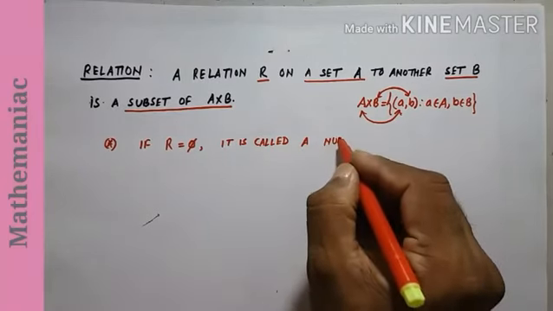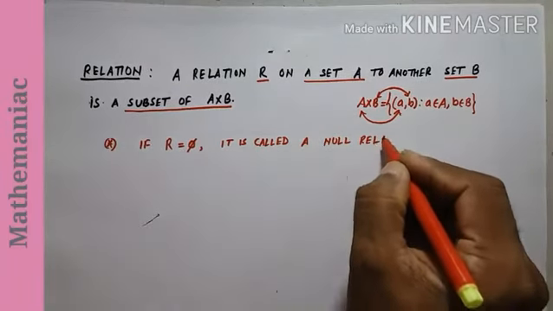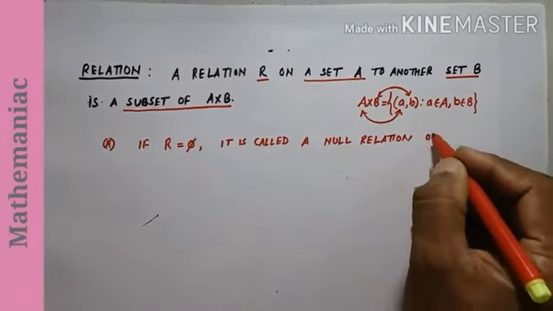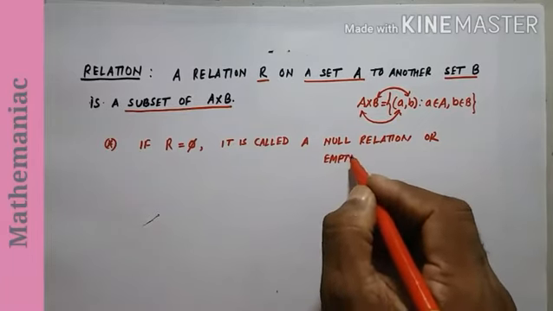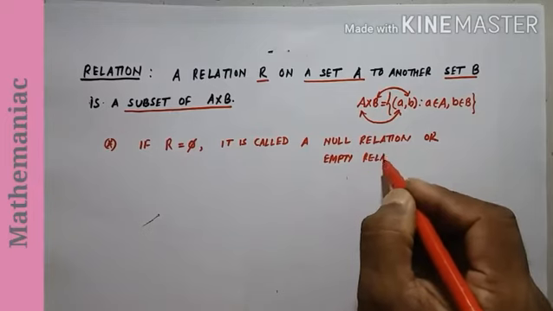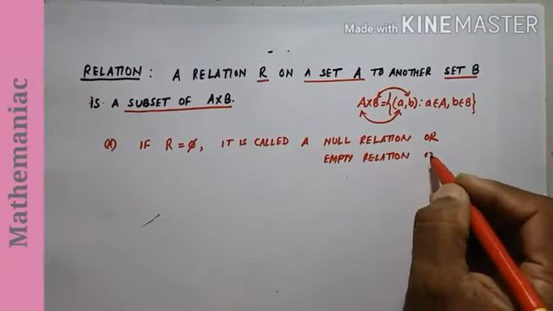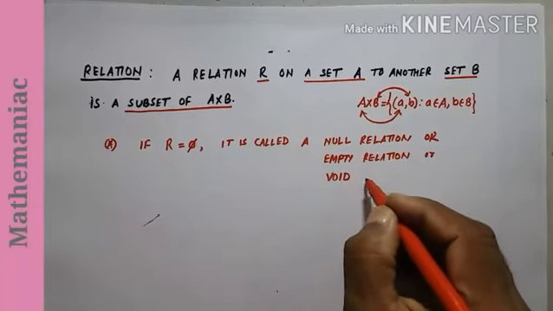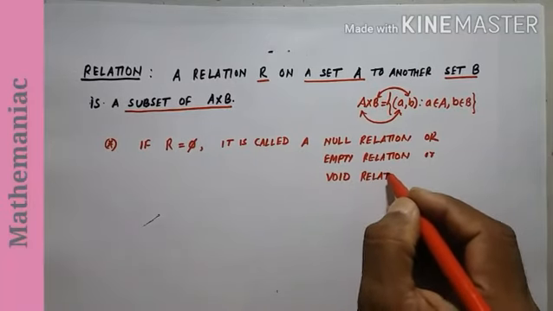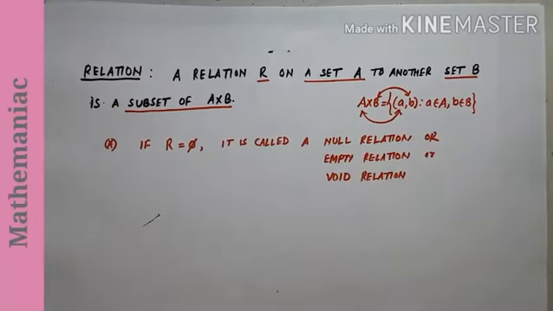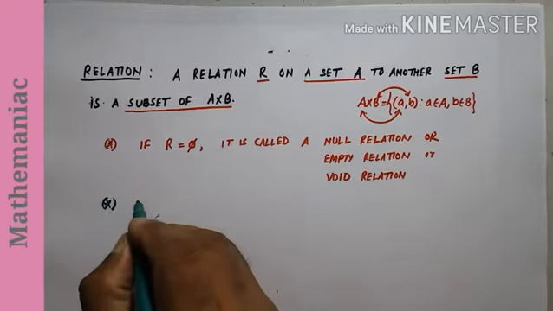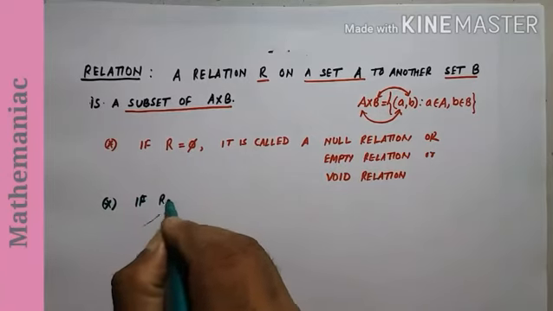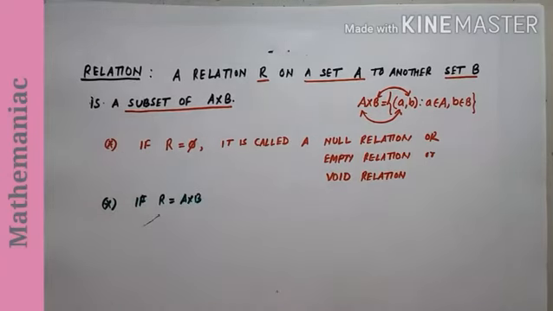a null relation, right? It is called a null relation, or we call it empty relation, or we can even use the word void relation, right? So we have these three terminologies for a relation which is empty. On the other hand, it may also be possible that your relation R is the complete set A cross B, right?